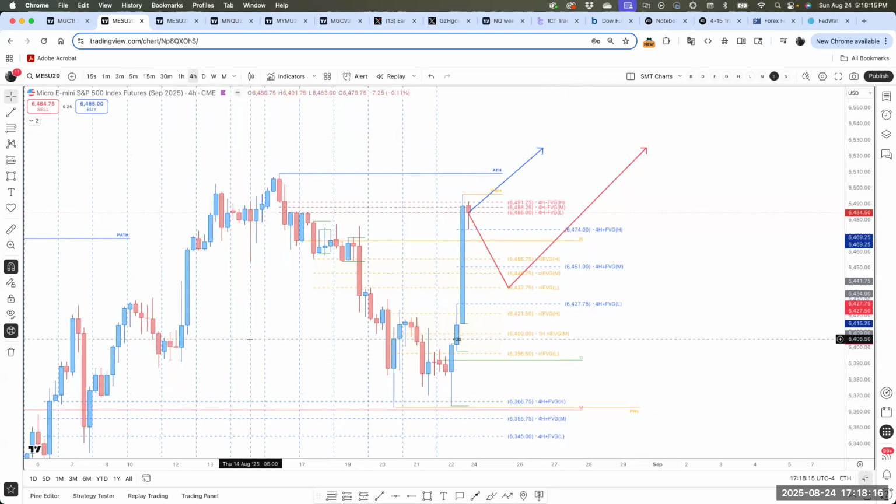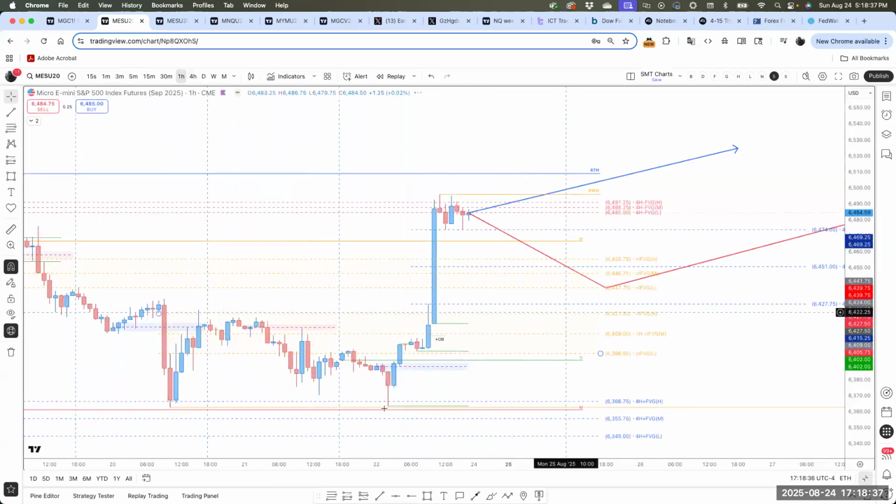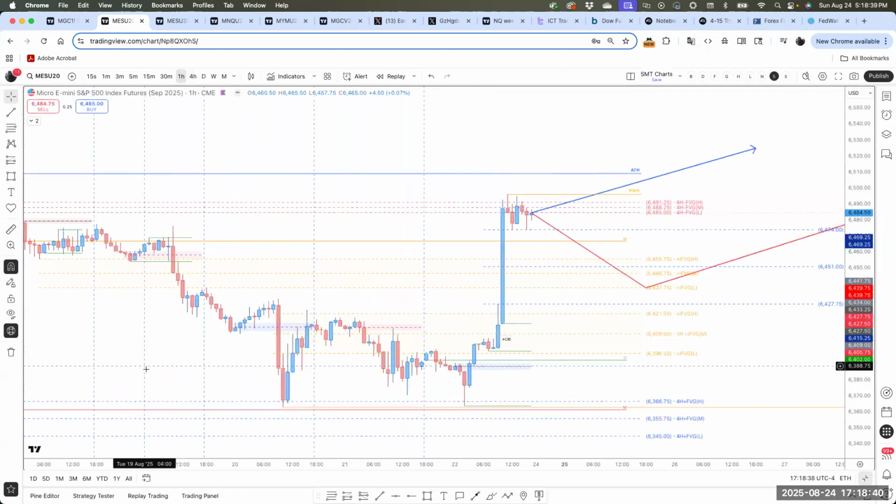And which one seems like it'll be easier to catch? Is it easier to catch the 400 down or is it easier to catch the 880 up, right? Later on, I would want to see us come back down to this inverted fair value gap too, because there's one on the 1 hour, this one right here.